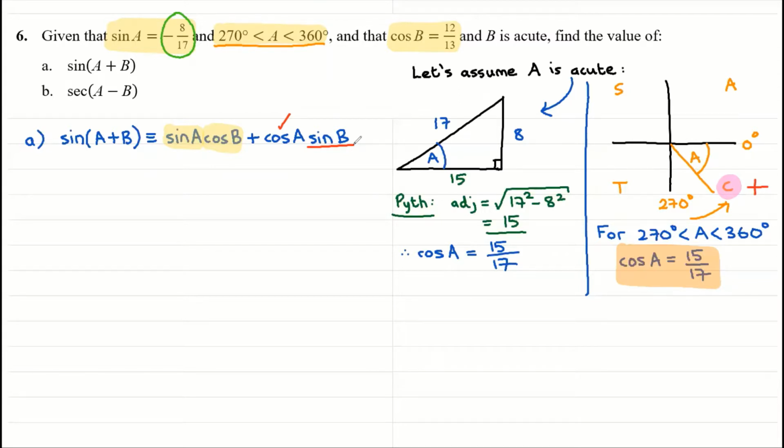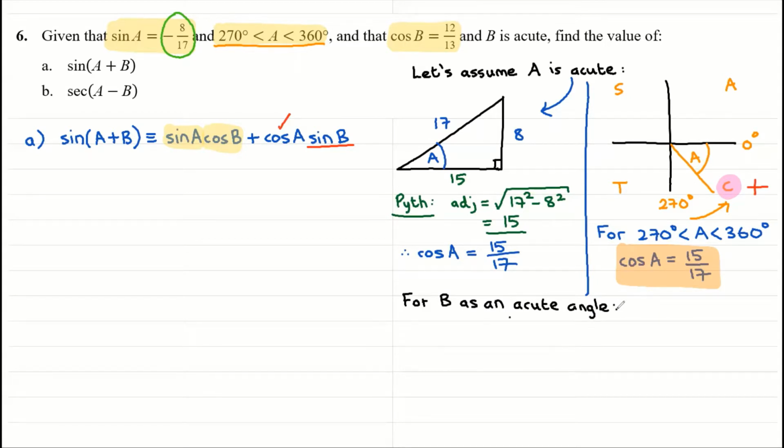So all we need to do is deal with the right angle triangle. So for B as an acute angle, which it is, we just have to find out what the sine of it is.